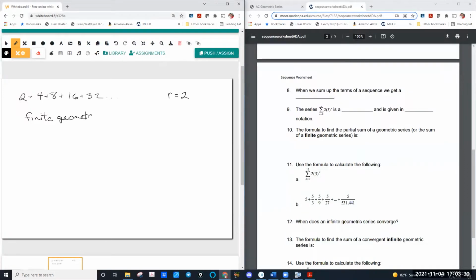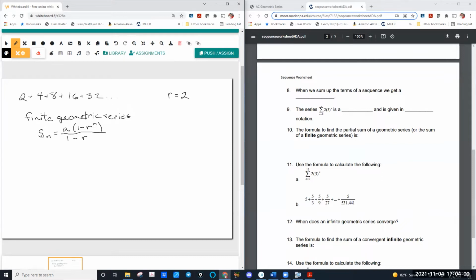That means there is a countable number of terms. We know how many terms there are. So to sum up the first n terms, it's the first term, which a lot of times will be denoted a sub 1 or a, times 1 minus the common ratio to the n, over 1 minus r.